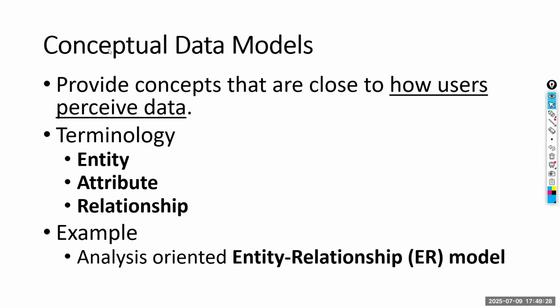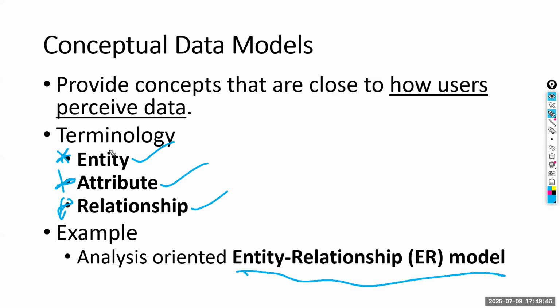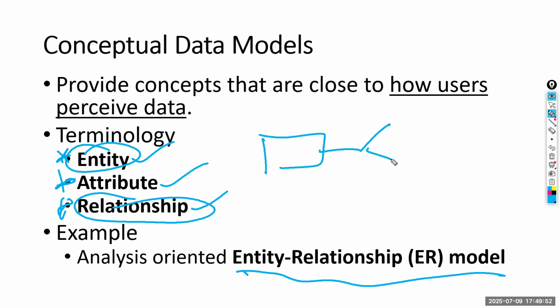Right. So these are the key terminology we use. Concept of entity, attribute, relationships. So these are the three major things. Okay. So therefore we call it ER diagram, entity relationship model, because your entity has attributes. So something like this.